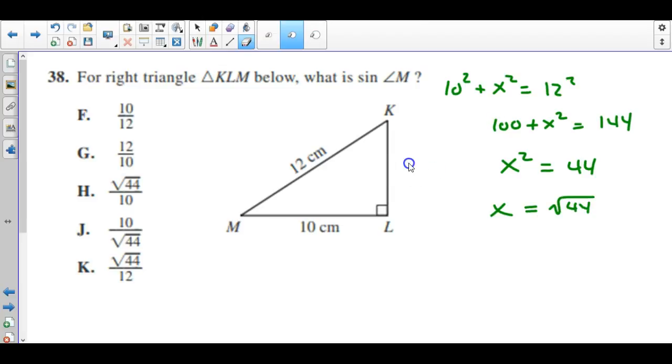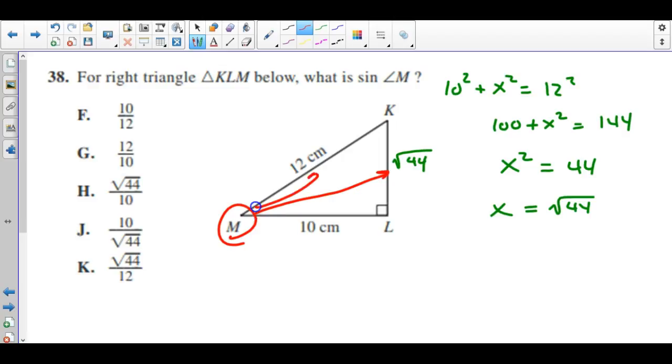And again, that's this value right here. And if I want to know the sine of angle M, that is the ratio of opposite to hypotenuse, not adjacent. So sine M equals my opposite, which is radical 44, over my hypotenuse 12. So I go down this list of all those options, and that is letter K.